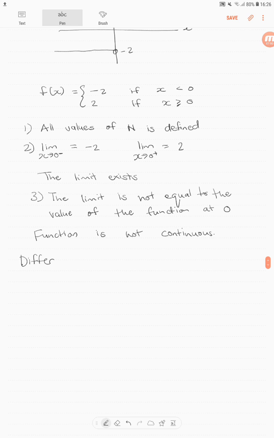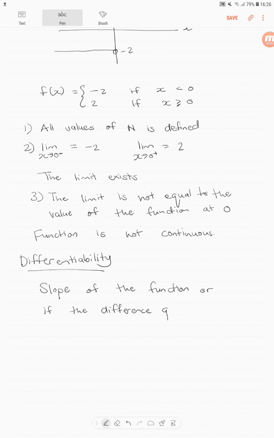For differentiability, we are not concerned with the function as it is, but we are concerned with the slope of the function, or if the difference quotient exists.